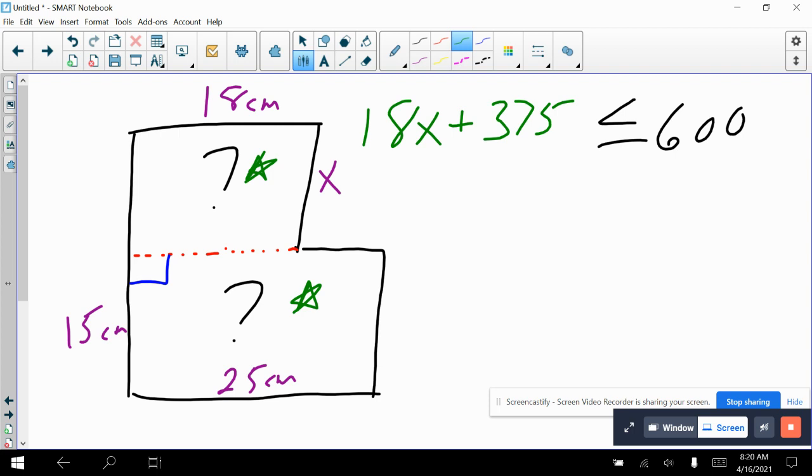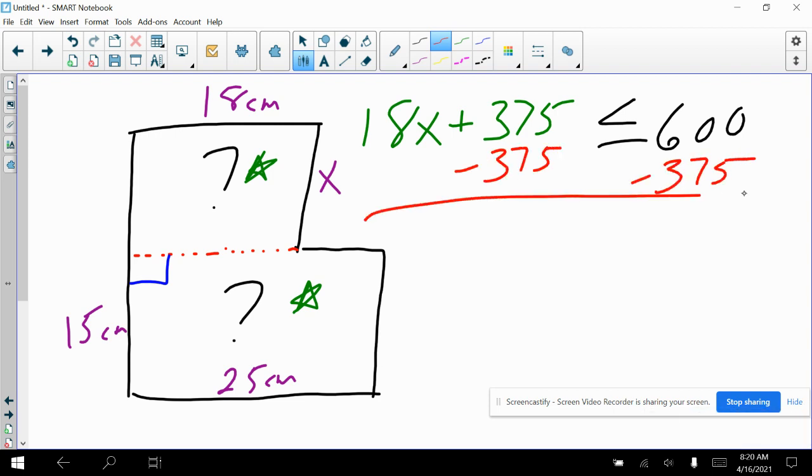Okay. So there is your 2-step inequality, with them giving you that the area is at most 600 square centimeters. From here, the math should be all the same. You shouldn't have an issue doing that.